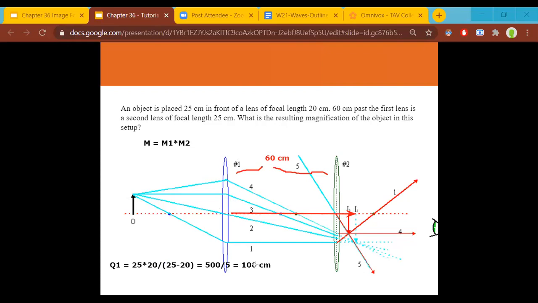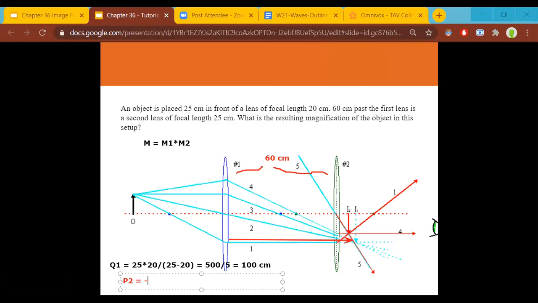So that means that when you look at the refraction for the second lens, the object is on the right side of the lens. That means the object is on the virtual side, so the object for the second lens is going to have a negative sign to indicate it's on the right side of the lens.